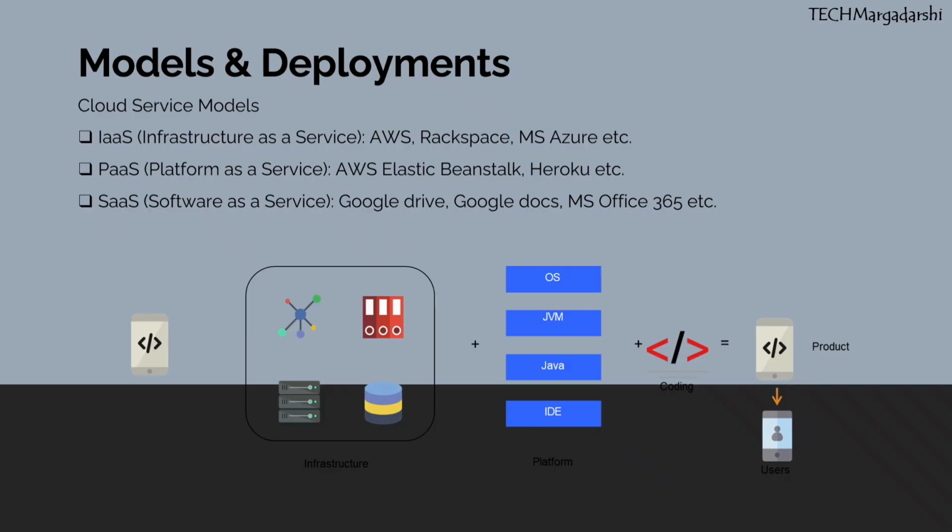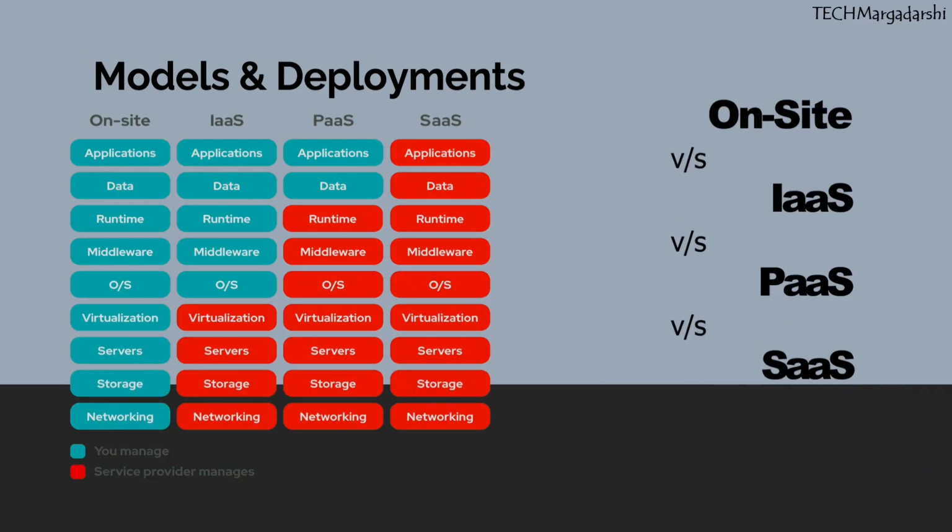Cloud service models. Overview. Cloud services are divided into three main service models. These models define who manages what, how much control the user has. Let's understand them one by one. Now, here is the first one, IaaS, Infrastructure as a Service.